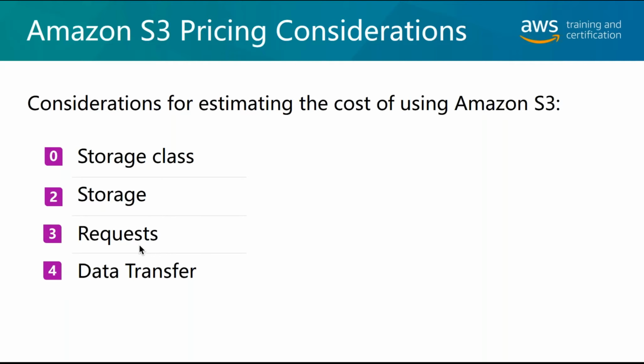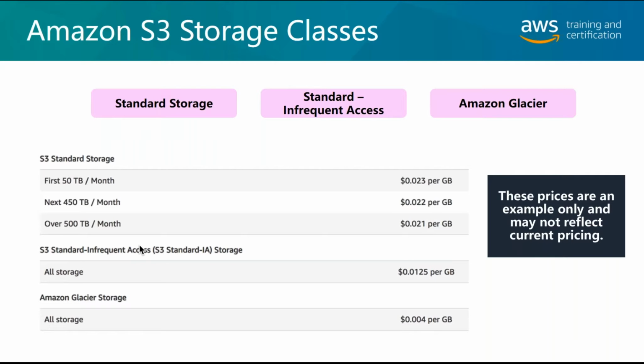So when you're looking at S3, we have the different storage classes. We have the storage cost itself, and then we have the API request, and then we have data transfer out, but data transfer in has no cost. So this is just an example. So you have standard storage and infrequent access, right?